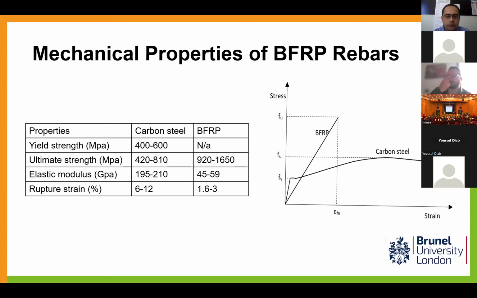So the FRB is linear, as you see from the graph you just have on your slide. So is it possible to use FRB reinforcement in a seismic area where you don't have any plastic energy dissipation? Okay, thank you very much.